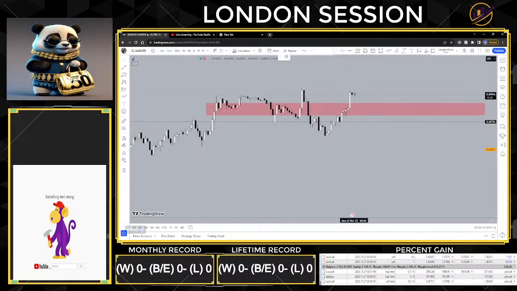So maybe what we could possibly see is a dip to somewhere around here, and then you get another impulse move with something like this, where it taps here again, and then you start seeing upward momentum for the rest of the week.